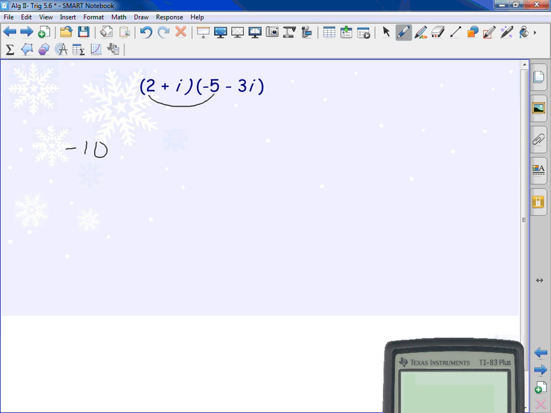Negative 10. What's 2 times negative 3i? Negative 6i. i times negative 5 is negative 5i. And this is negative 3i squared.